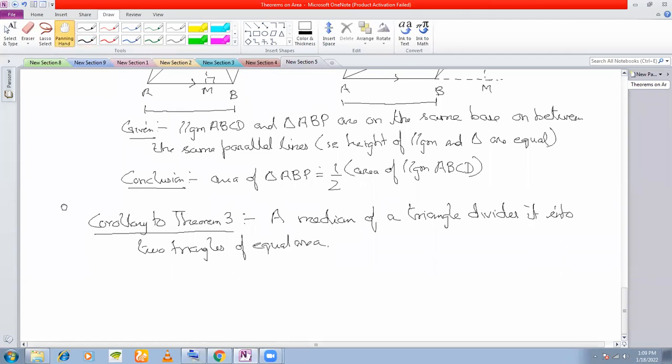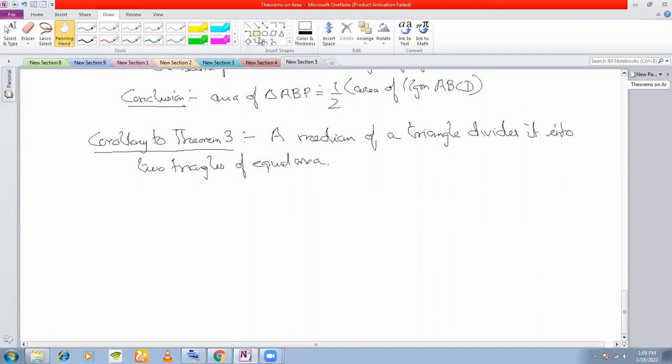Now, anyone can tell me what you mean by median? I told you the definition of median when I was doing coordinate geometry. You take the midpoint of any one side, let us call this P. From the opposite vertex, you draw a line segment joining the midpoint.